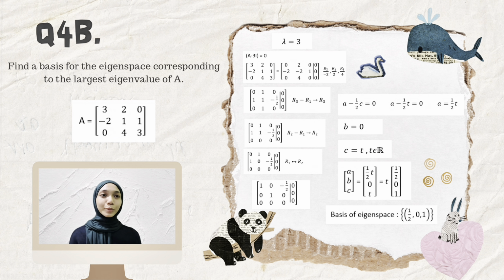After performing row operations and reducing the matrix to row echelon form, we obtain the equations a equals 1/2 c, b equals 0, and we let c equal to t, where t is any real number. Therefore, (a, b, c) equals t times (1/2, 0, 1). Hence, the basis for the eigenspace corresponding to lambda equals 3 is (1/2, 0, 1).